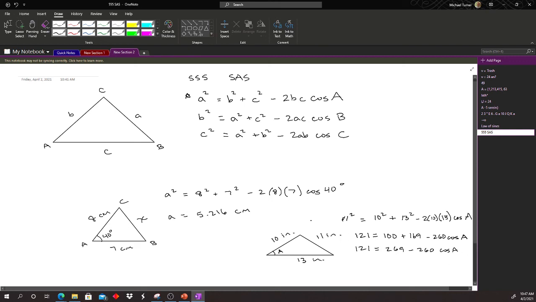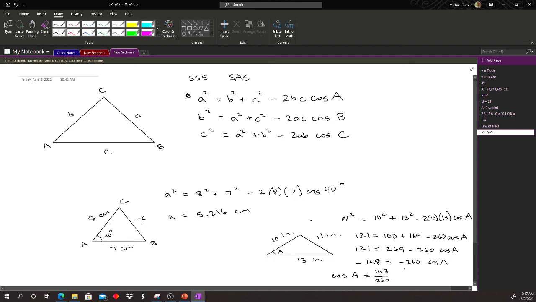Isolate the variable term. I'm going to subtract 269 on both sides. Okay. Then I will divide both sides by 260. So cosine of A equals 148 over 260.